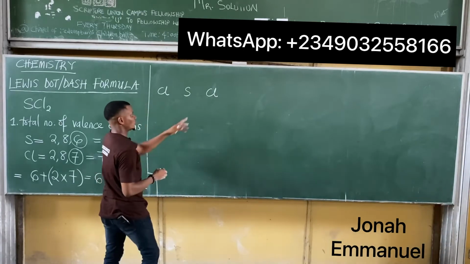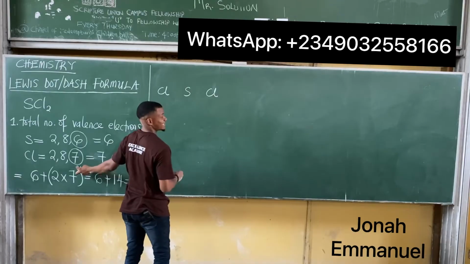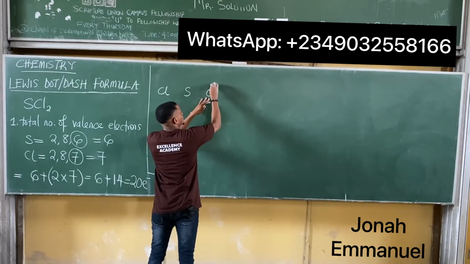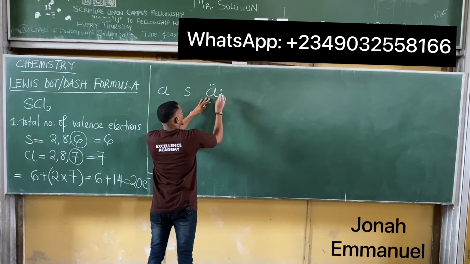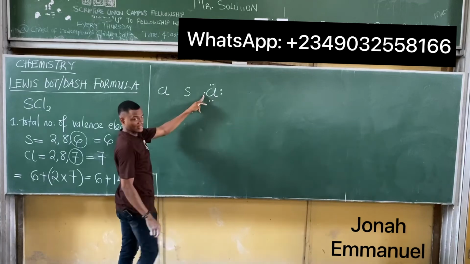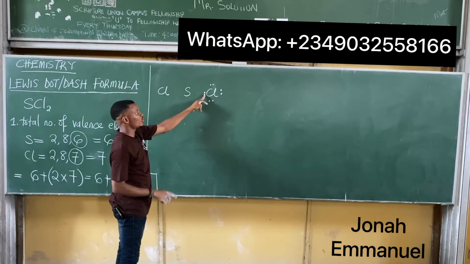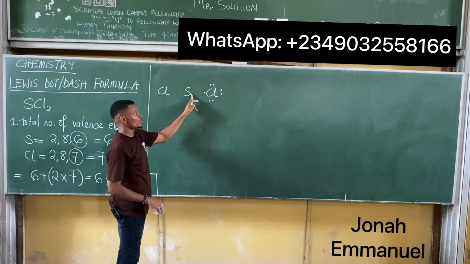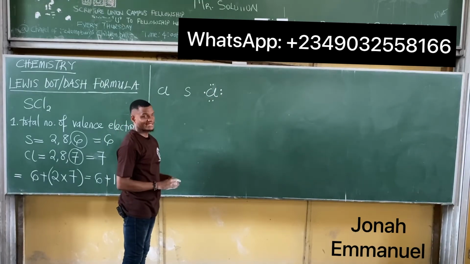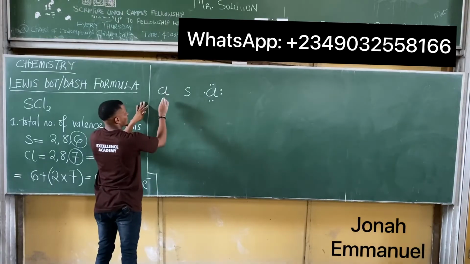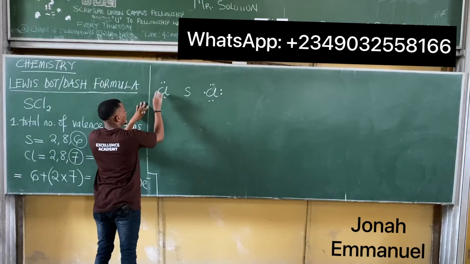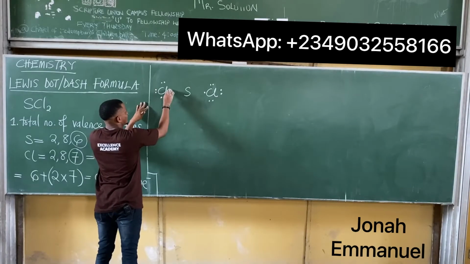I know fully well that chlorine has 7 valence electrons, so I will position 1, 2, 3, 4, 5, 6, 7. See why I position it such that this one can easily combine with 1 from sulfur to make the octet, that's 8 configuration. That's simple. The same idea comes here, so it becomes 1, 2, 3, 4, 5, 6, 7.